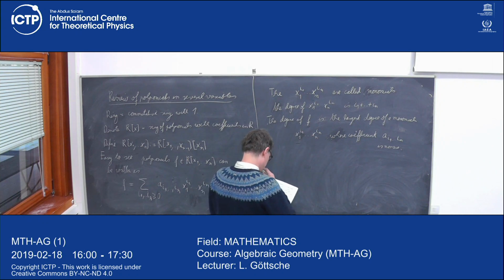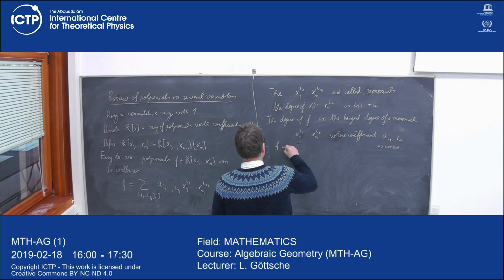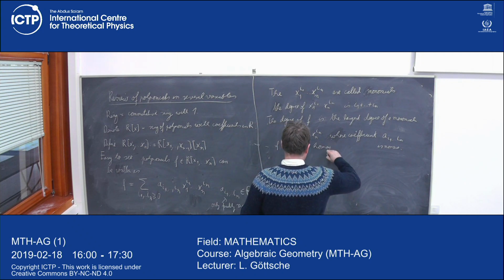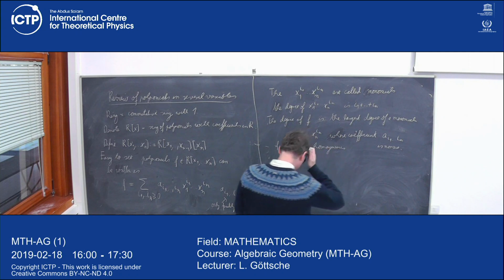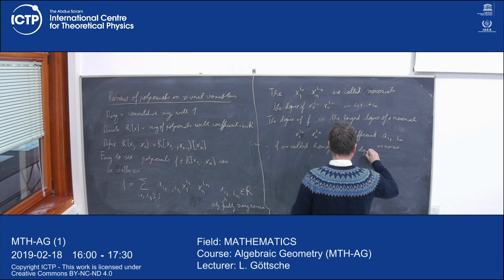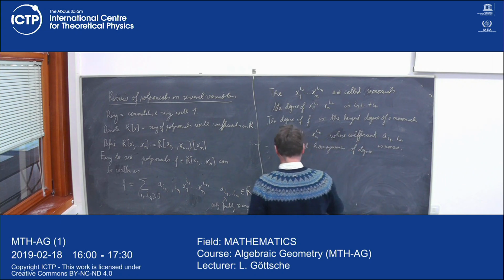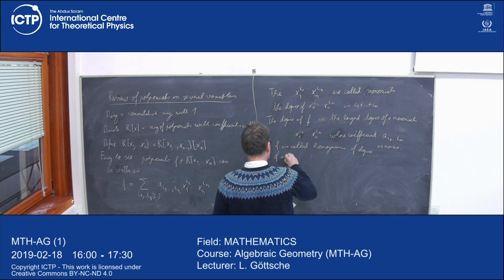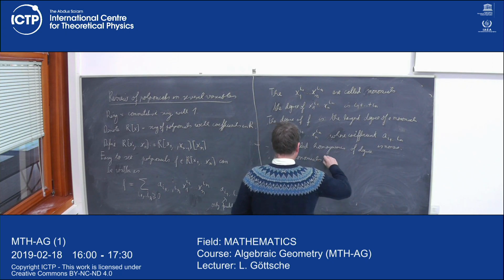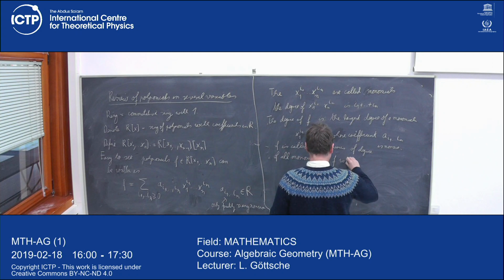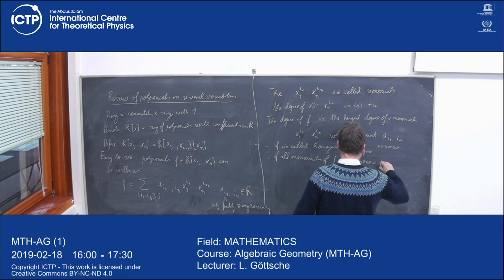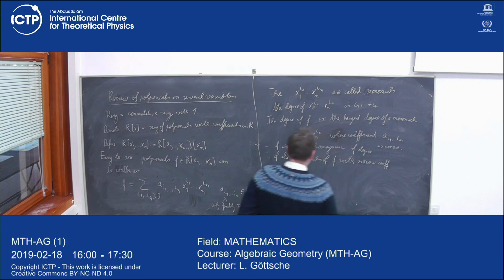So f is called homogeneous of degree d if all monomials of f with non-zero coefficient have degree d.